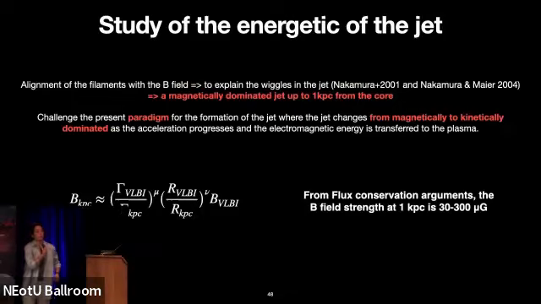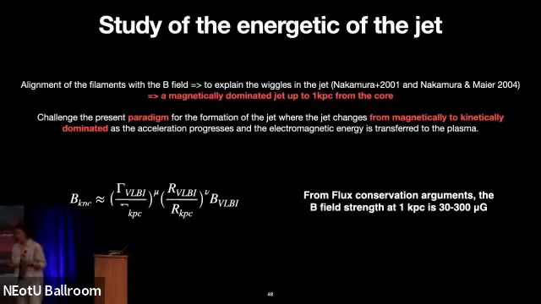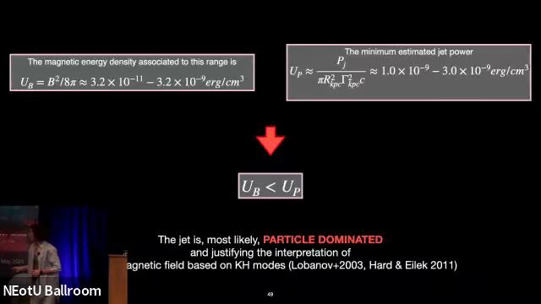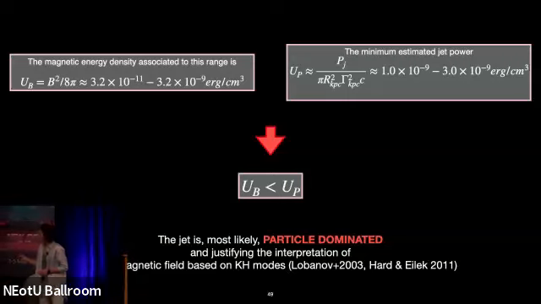So we just rapidly repeated the study of the energetics of the jet, and a lot of work has been done, say by Lobanov 2003, where indeed the jet seems to be particle dominated.